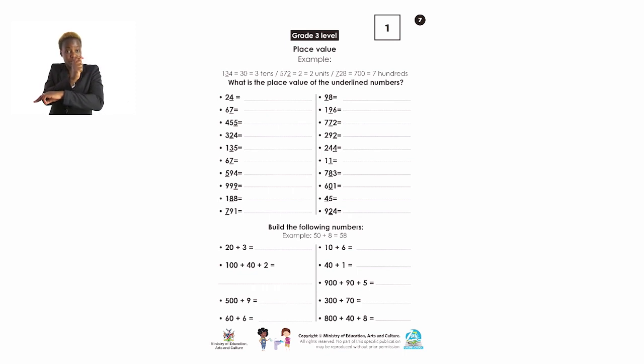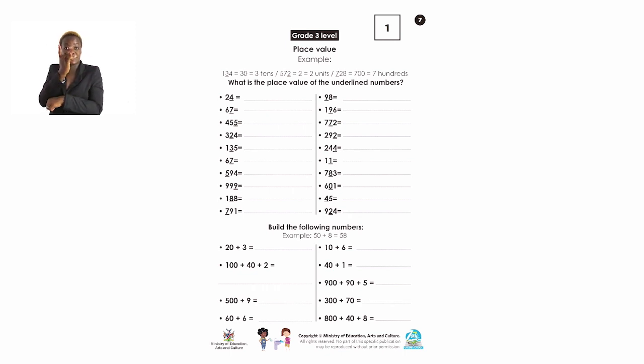Let's quickly look at the one next to it, 98. Again, we only have 2 digits, a 9 and an 8. The 9 is underlined, so it wants to know the place. At what place is that 9? It's at the tens place. So we write the tens. All right? Let's go down to 67.